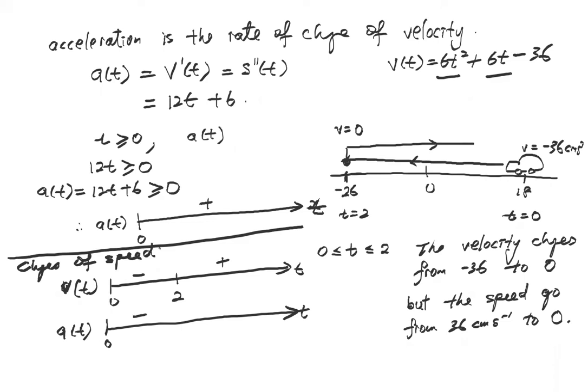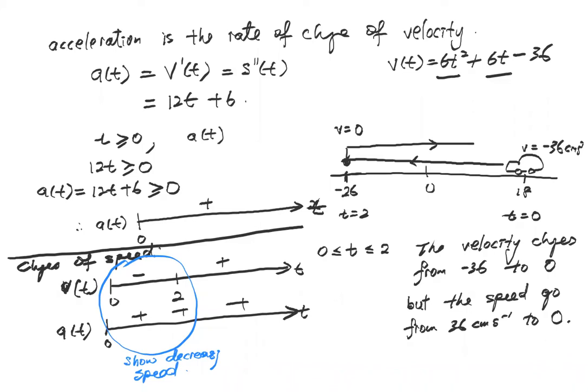So acceleration is always positive, correct? So look at this region. Opposite sign for both. Opposite sign means one negative, one positive, or one positive, one negative. That's called opposite sign. Show decreasing speed. Are you clear? Same sign for both shows increasing speed.